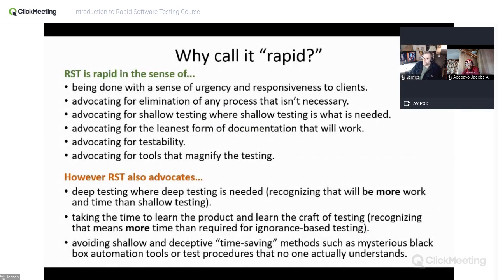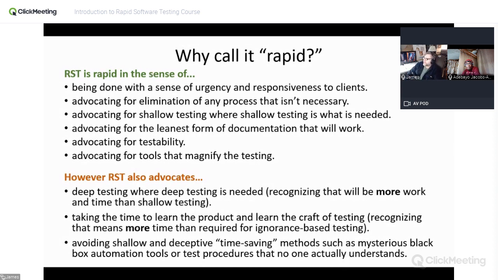This is why rapid. We mean rapid in the sense of working with a sense of urgency, and we mean rapid in the sense of eliminating processes that aren't necessary. That actually was the original thing I was thinking of.